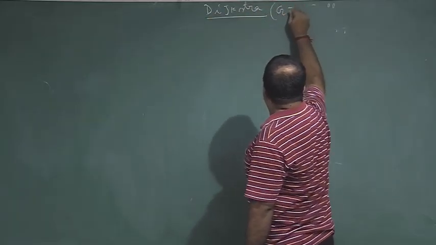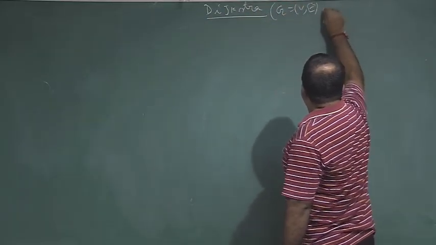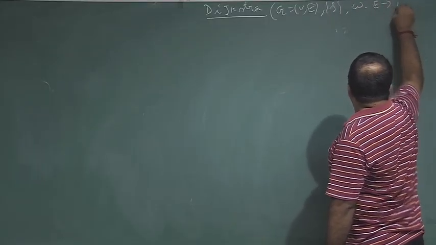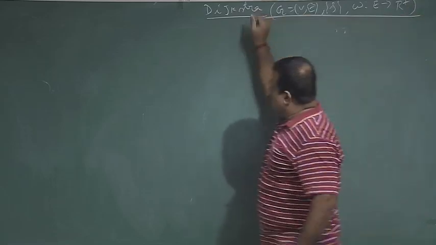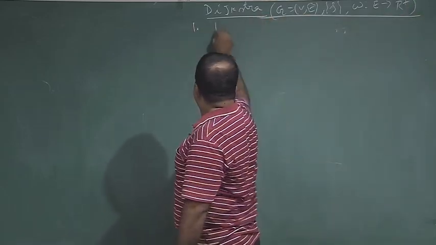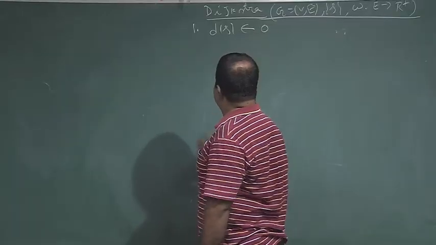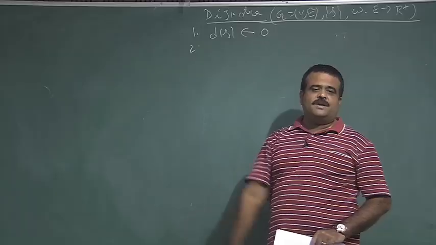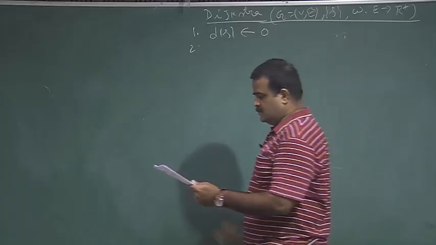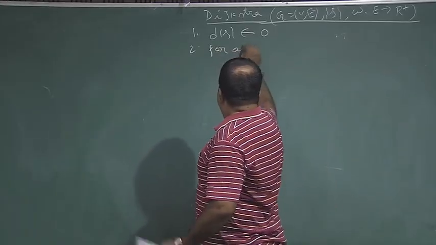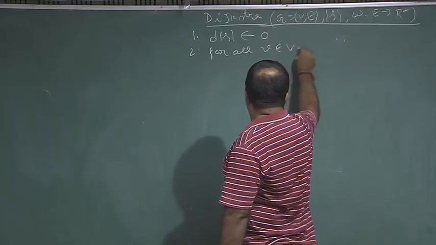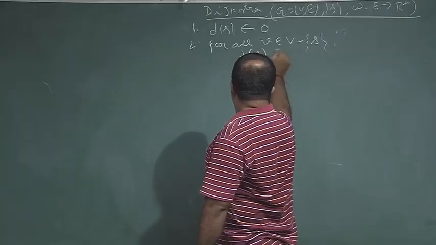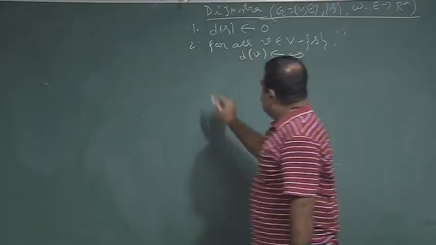The input is a graph and a source vertex, with edge weights. We put the distance estimate of the source vertex as 0 and the remaining as infinity, which means those vertices are not yet explored. So for all v belonging to V minus S, we set the distance estimate of that vertex to infinity.